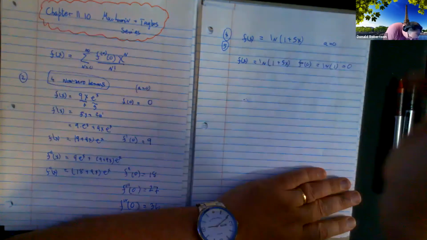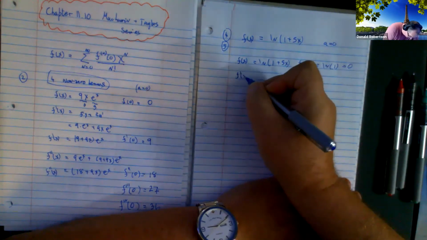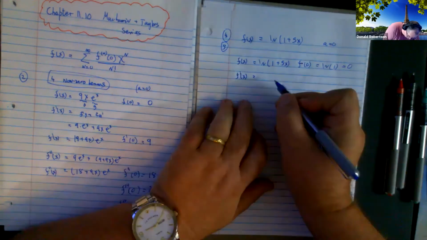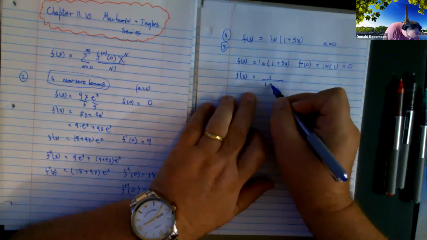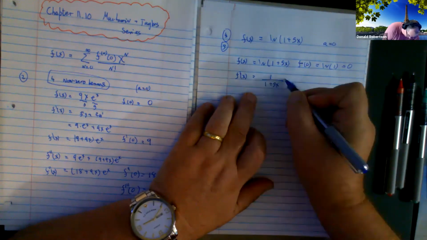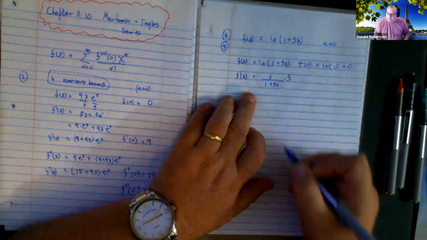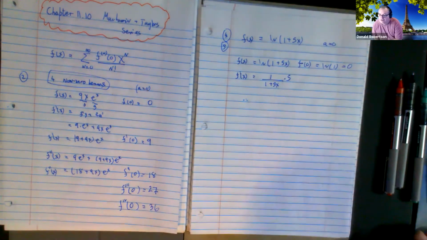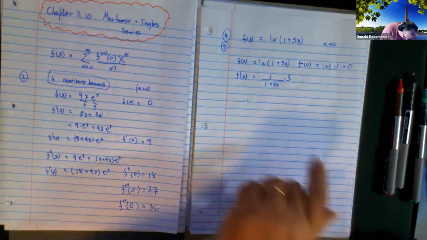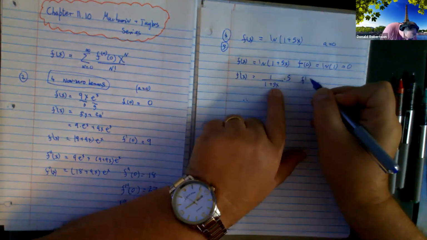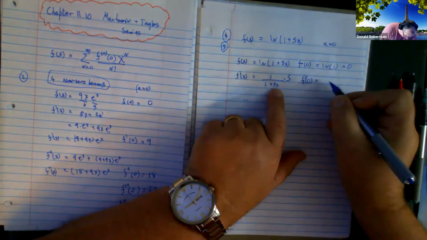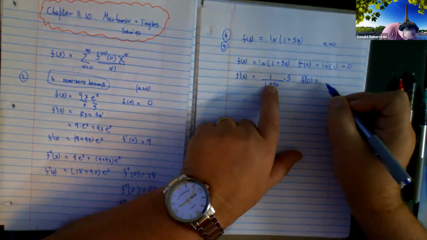Fair enough. First derivative, isn't it 1 over 1 plus 5x times 5? You happy with differentiating the natural log of 1 plus 5x and getting that? Now, if you plug in 0 in here, well, that's basically 1. Oh, you just get 5.